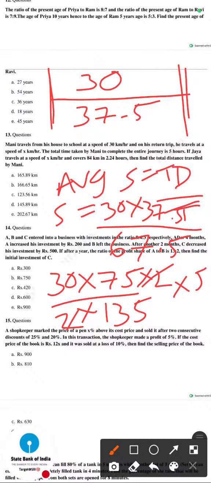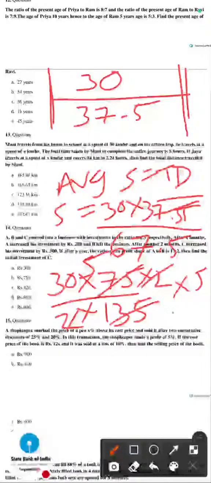So what we have is this. Now we need to calculate this: 30 into 75 into 5 divided by 135. 15 fives are 75, 15 nines are 135.